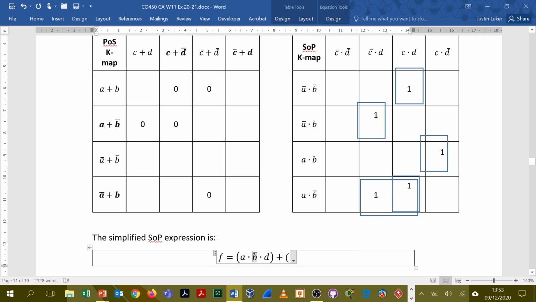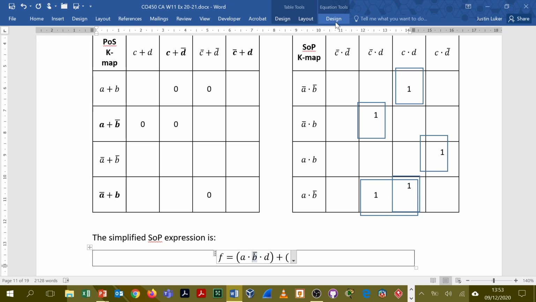And then for this group of two, what doesn't change? Well, C and D remain the same. What doesn't change on this side is not B, so not B remains the same.